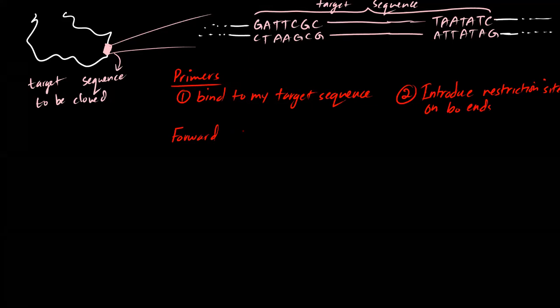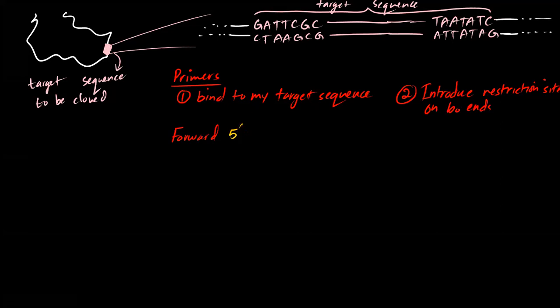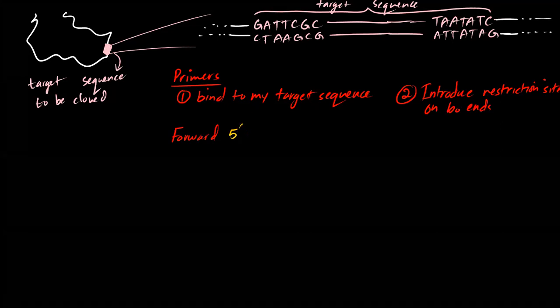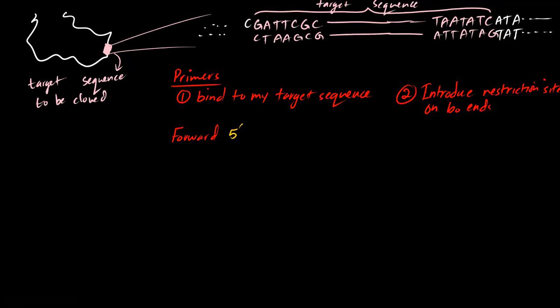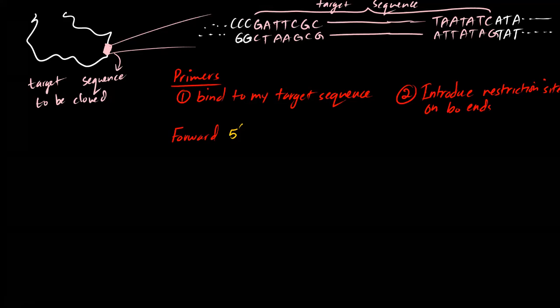So I'm going to write the sequence of the forward primer from 5' to 3'. Let me just add a couple of nucleotides here that are not in the target sequence, just to emphasize something very important. Okay. And here we have the rest of the DNA.